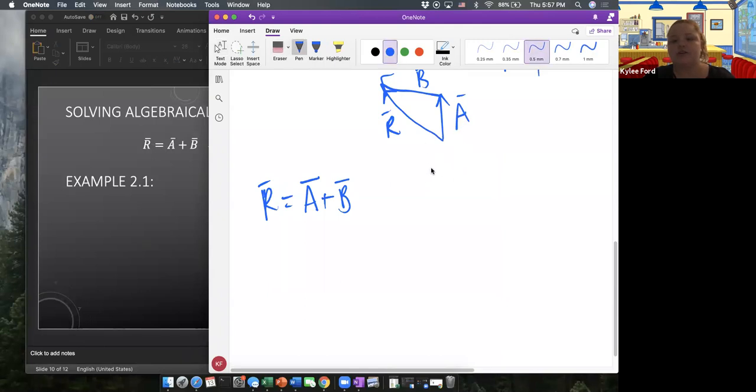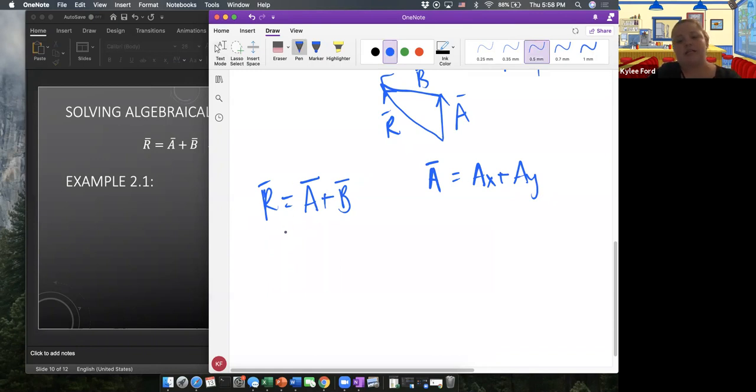we have a vector, say A, we can break that down into AX plus AY, like I said before. So if I want to add two vectors together, there's another way we can do this.